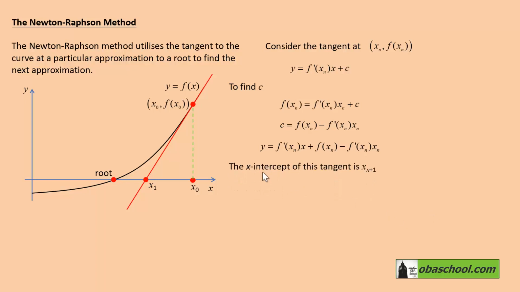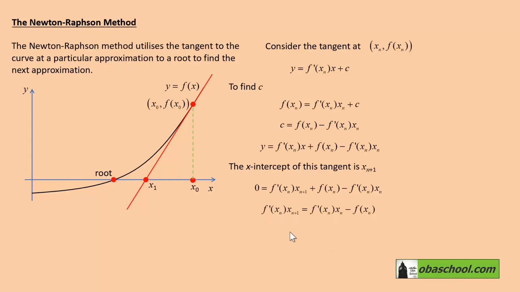The x-intercept of this tangent is xn plus 1. And of course, y is 0 because it's an x-intercept. So 0 is f dashed xn, xn plus 1, plus f of xn minus f dashed xn, xn.